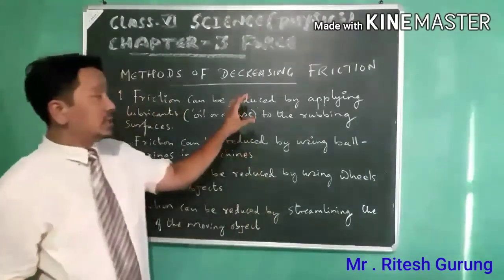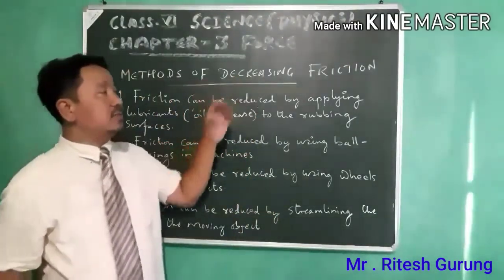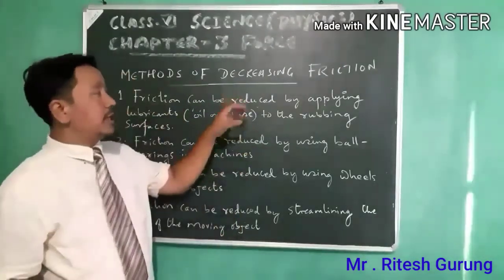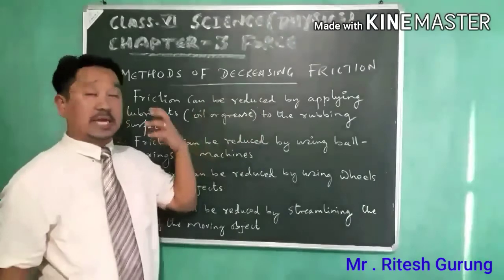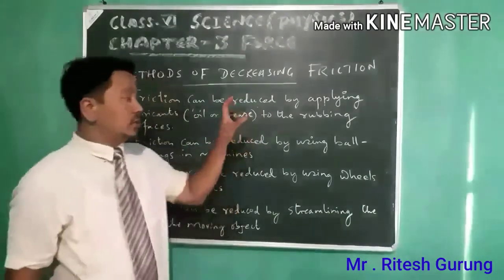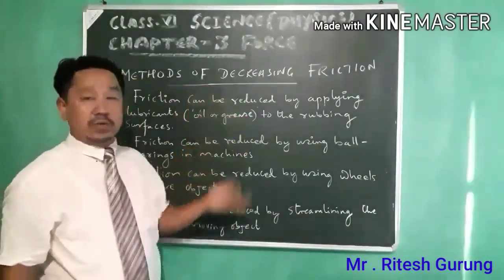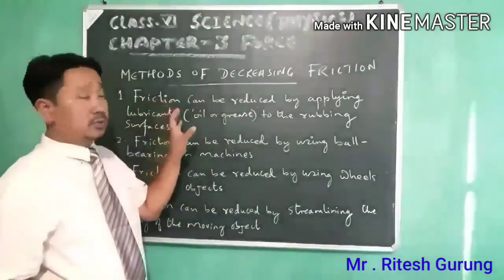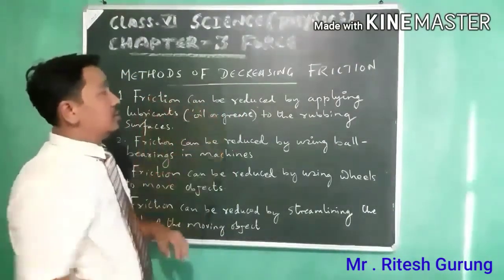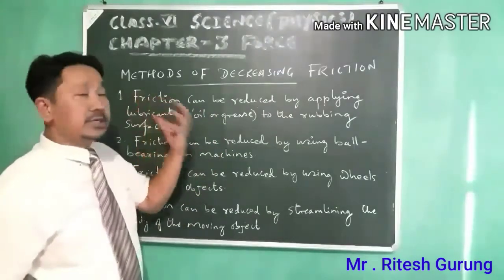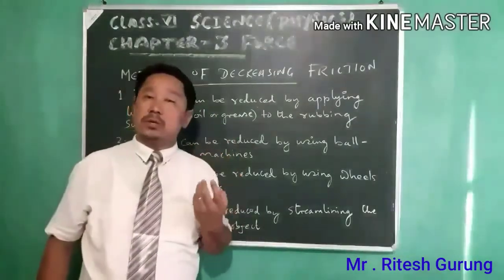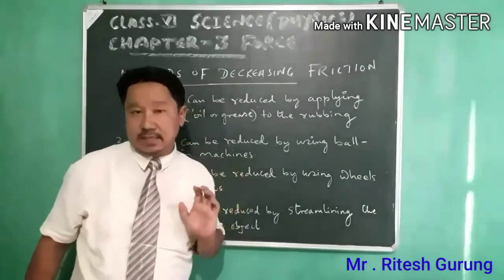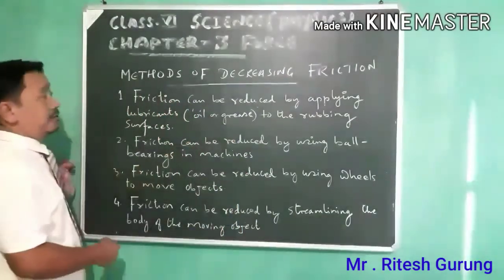That way the longevity of the machine also increases, the efficiency of the work can be achieved, and this is how we can maintain the machine also. So we can reduce the friction and do the work with less effort very easily. That is one method.